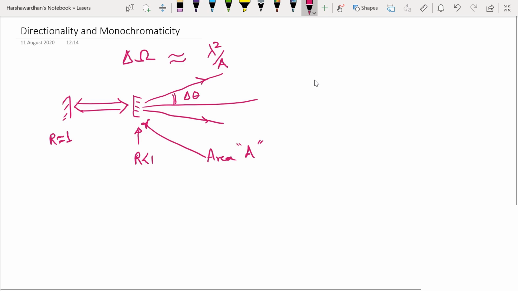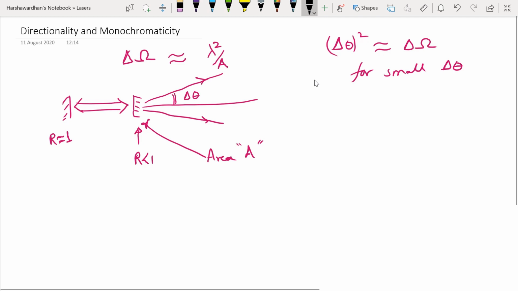You would know that delta theta square is delta omega for small delta theta.